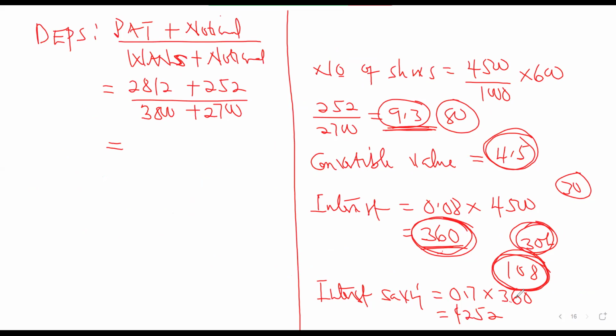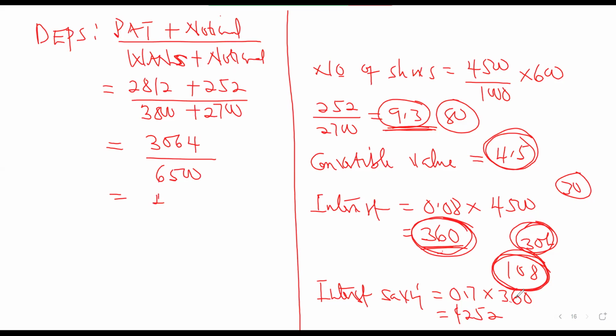So the top is 2812 plus 252 divided by, so I'm having 3064 divided by 6,500. Okay. So 47 pesos.